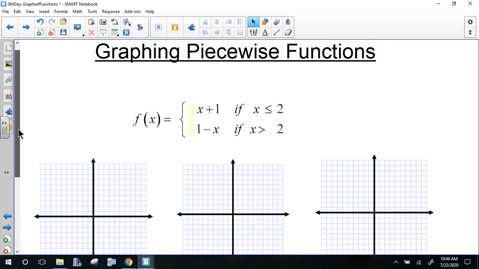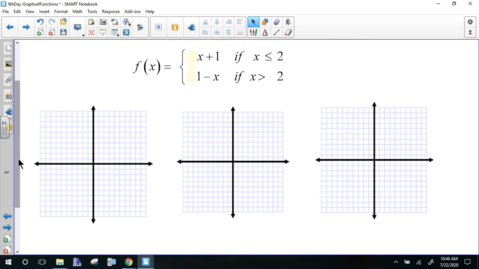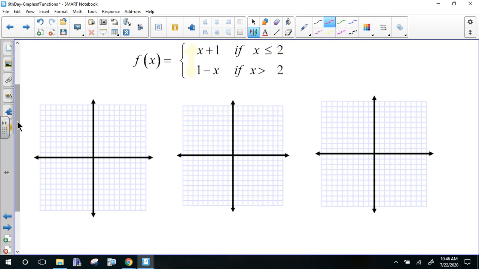Graphing piecewise functions. You should have had experience with this in Math 3. So graph it one piece at a time using the domains that they give you. So for x plus 1, we're only going to use x values that are equal to or less than 2. So 2, 1, 0, negative 1, negative 2 would be some values that I would plug in.